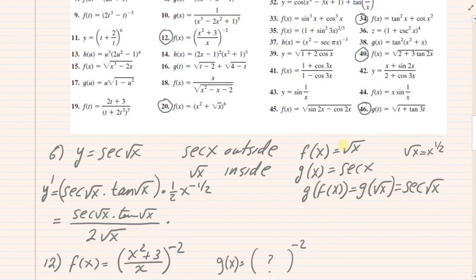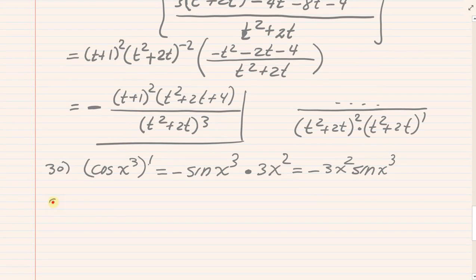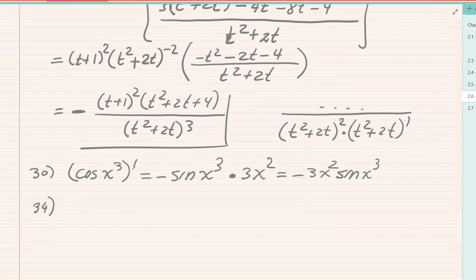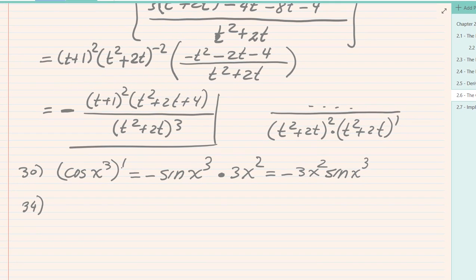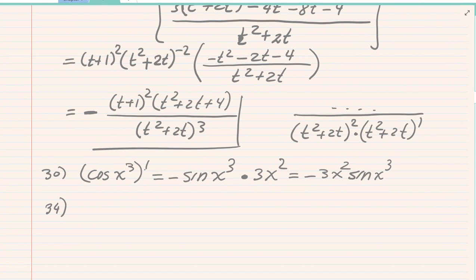In 34, tan squared plus, oh, this is tricky. Let me write it. Tan squared x, cotan x squared. Those are 2 different kinds of x squares, aren't they? So in number 34, again, the function f of x is tangent squared x plus cotangent of x squared.